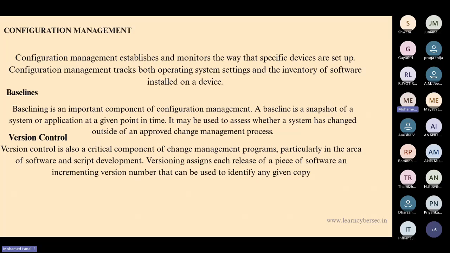Then coming to baseline. Baseline is used to assess whether a system has changed outside of an approved change management process. So what is that? Let's say you have hardened your operating system, you have disabled 3-4 features as per your company standard or policy. Now you have that baseline. Now you have rolled out, let's say, to 1,000 employees the baseline enabled operating system.